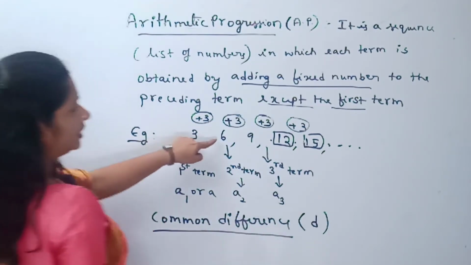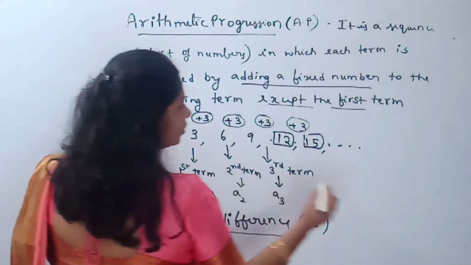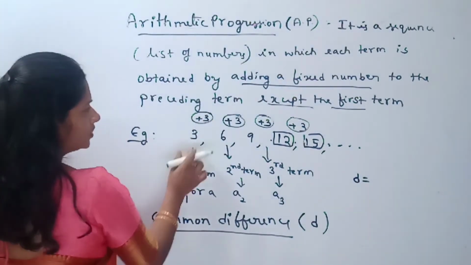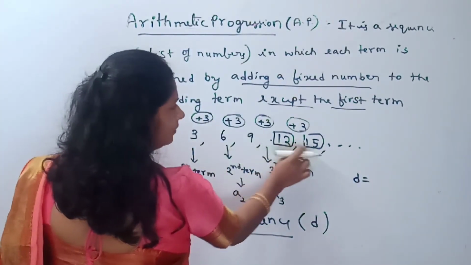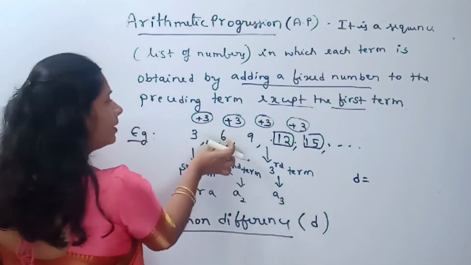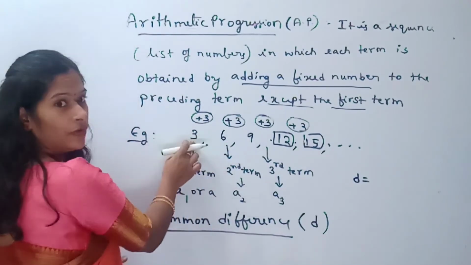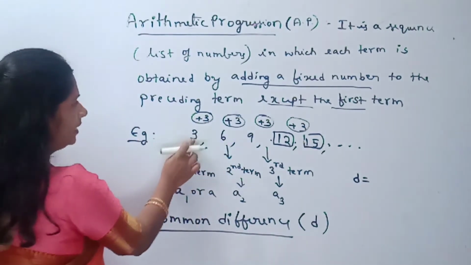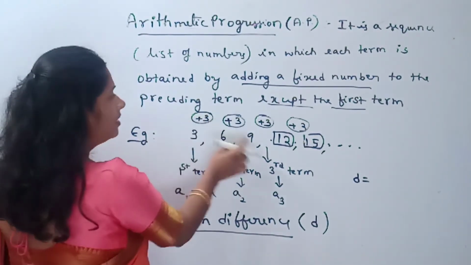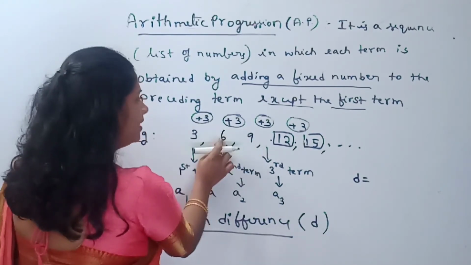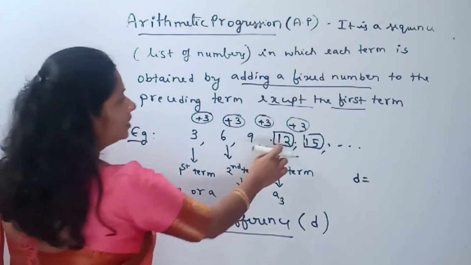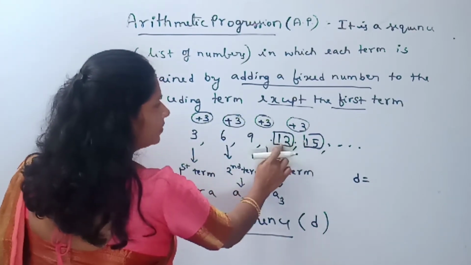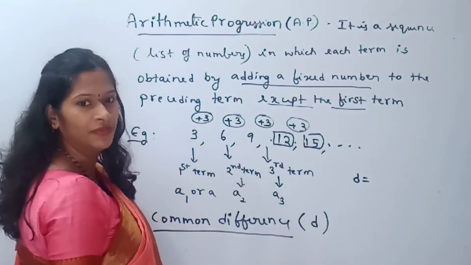See here, children, take this example. See how I'll get this fixed number. So consider 3, 6, 9, 12, 15 and so on. Second term minus first term you will get the common difference, isn't it? 6 minus 3, yes, we are getting 3. 9 minus 6 you will get 3. 12 minus 9 you will get 3. 15 minus 12 you will get that common difference 3.